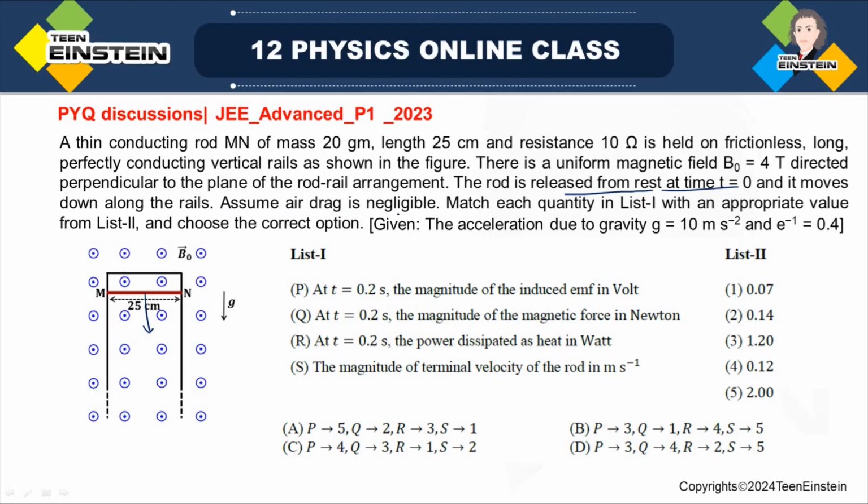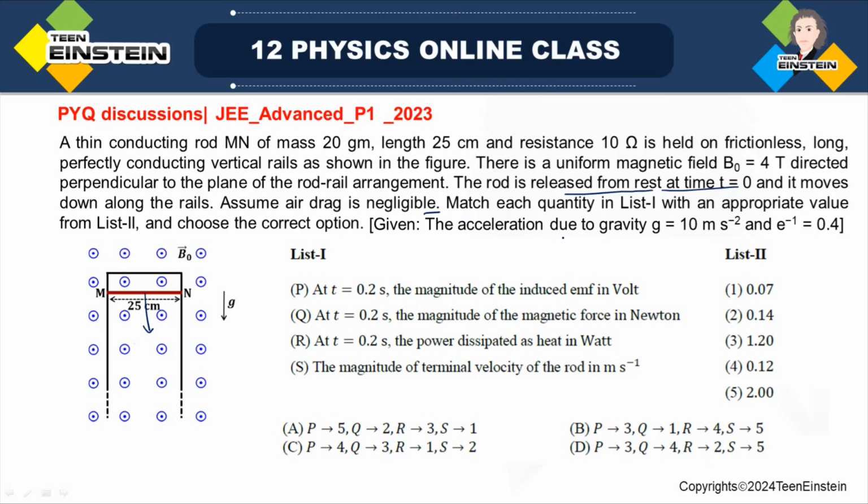Assume air drag is negligible. Match each entity in list 1 with an appropriate value from list 2 and choose the correct option. So these are the options you have to choose after matching the correct option.